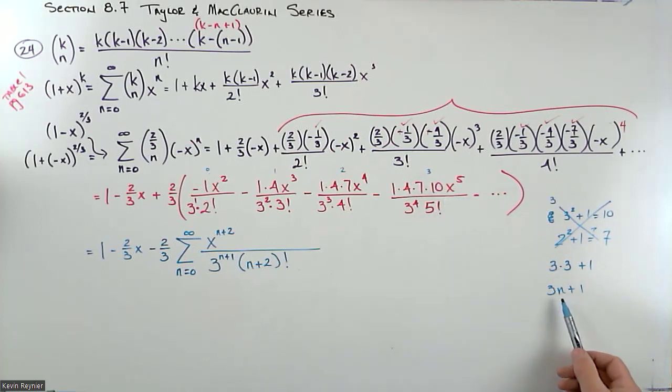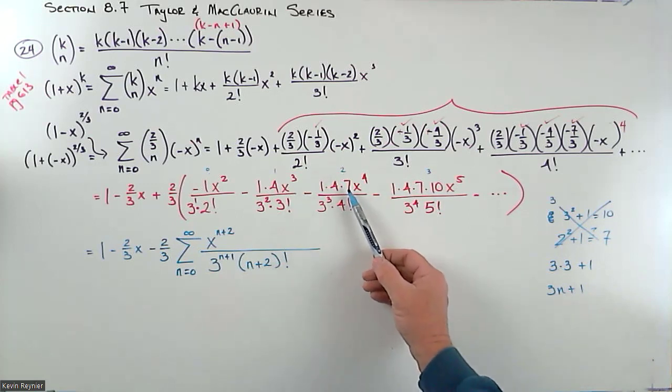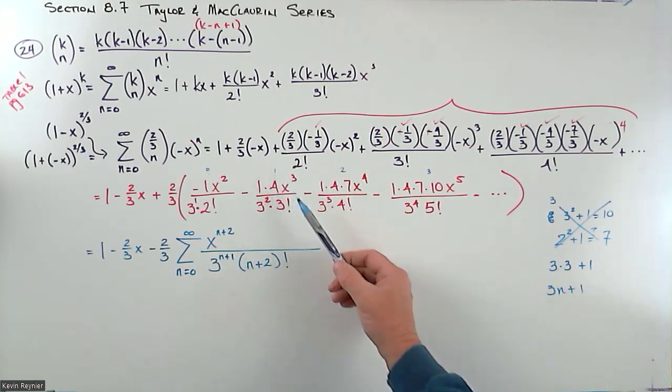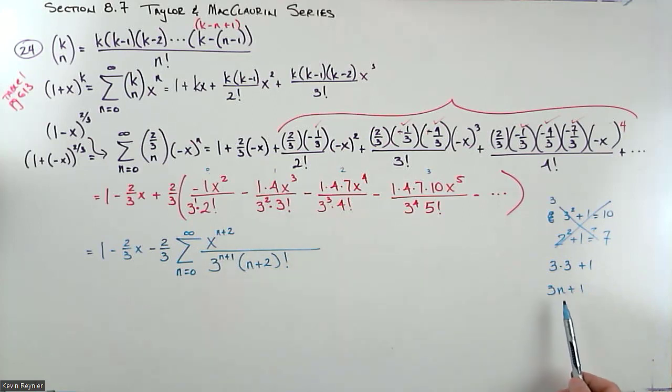Does 3 times 2 plus 1 get me to 7? Well, it does. So maybe this is going to work. Does 1 times 3 plus 1 get me to 4? Yeah, it does.